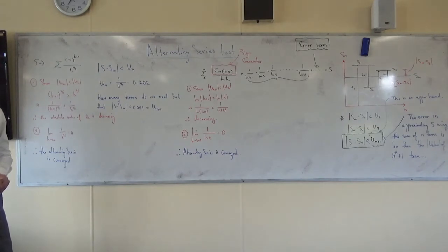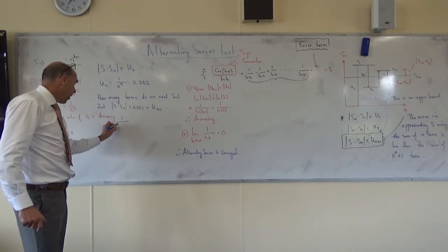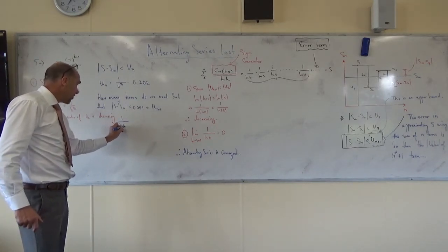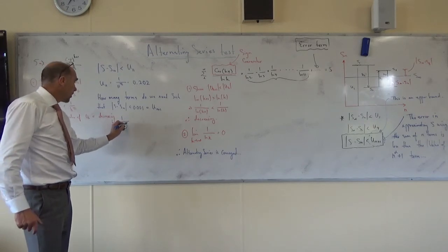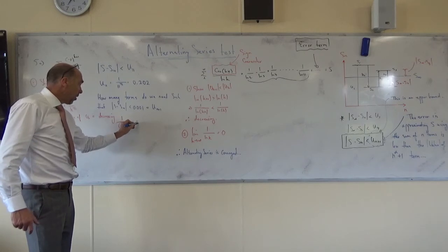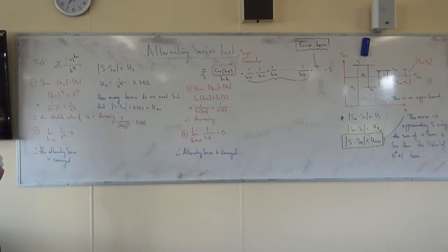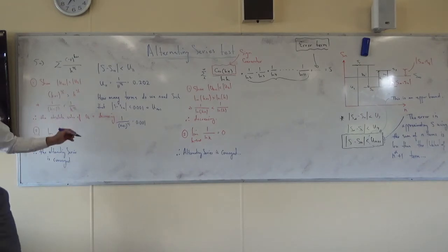Agreed? So what have I got to find? N. So I've got 1 divided by n plus 1 to the power of 2/3 has got to equal 0.001. So let's reciprocate that.